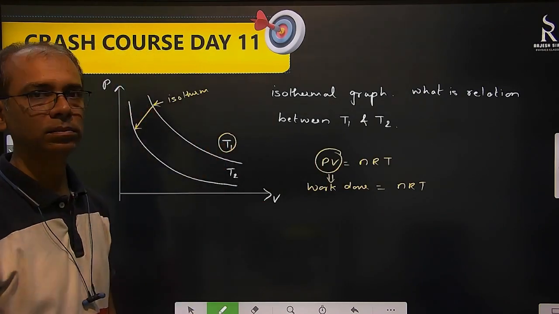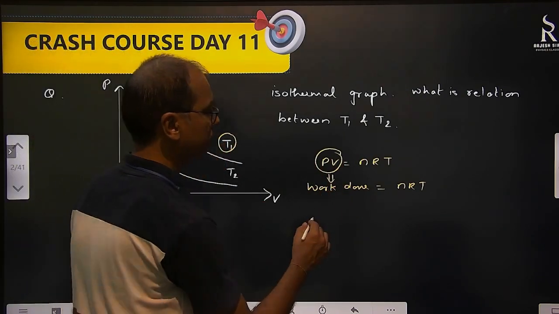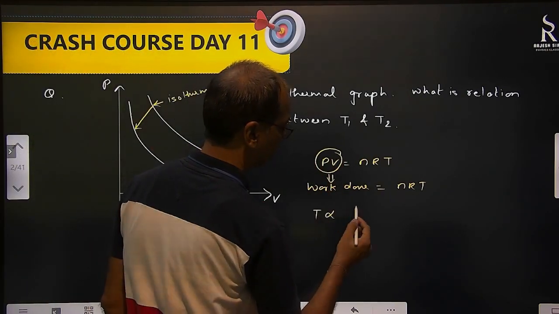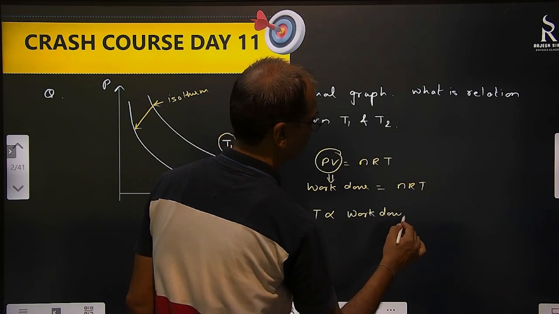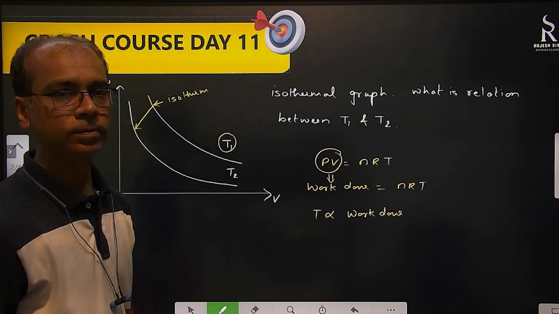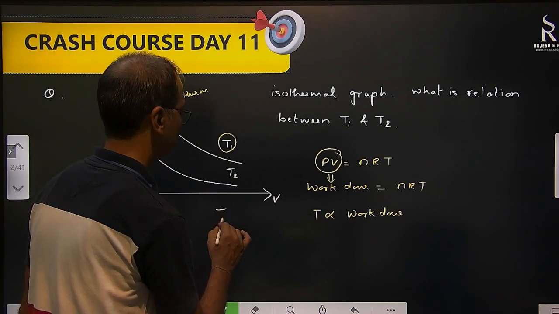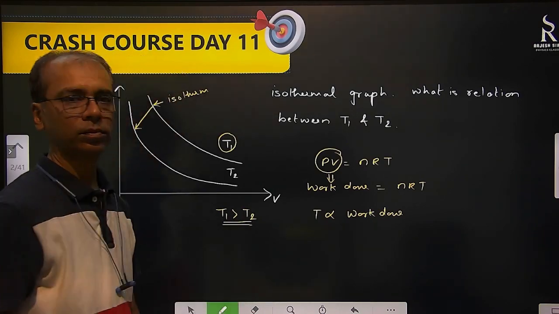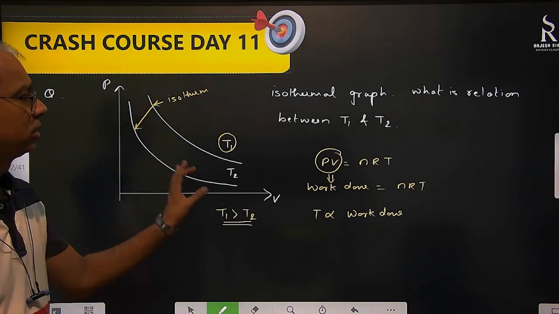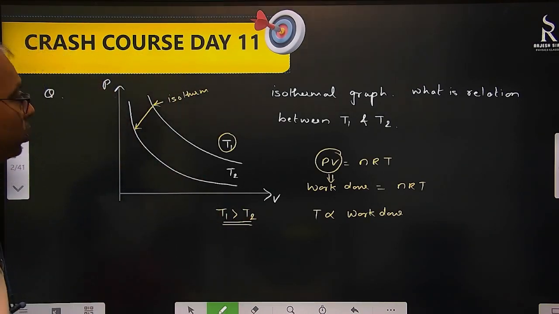Here, because temperature is proportional to work done only, right? So in which one is work done more? In the first process. So we can say T1 will be greater than T2. Let's move ahead and see what more graphs are there for us.